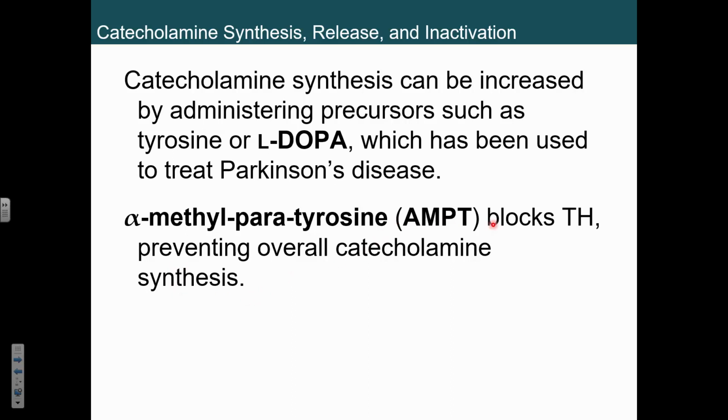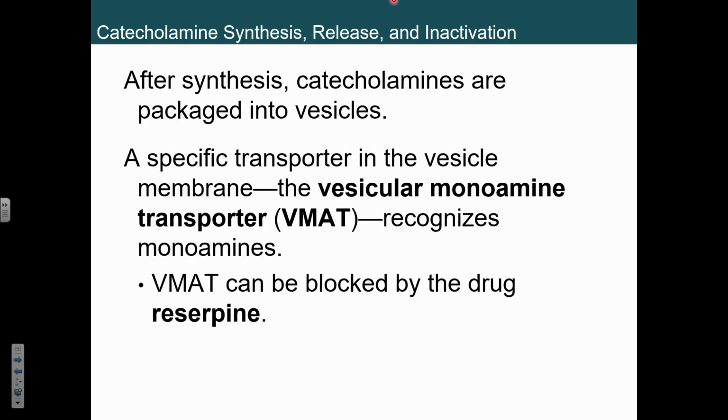Here's a drug, AMPT, that's actually going to block tyrosine hydroxylase, right? This is something you could administer, which would completely stop the synthesis of any of your catecholamines. Again, that's dopamine, norepinephrine, or epinephrine. Why would you want to do that?